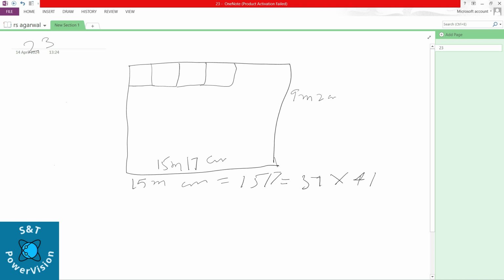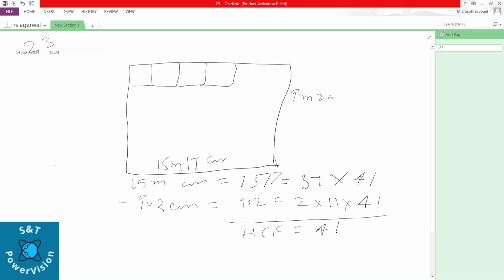After that, 9 meter 2 centimeter equal to 902 centimeter. So its factors will be 2 into 11 into 41. So HCF equal to 41 here.